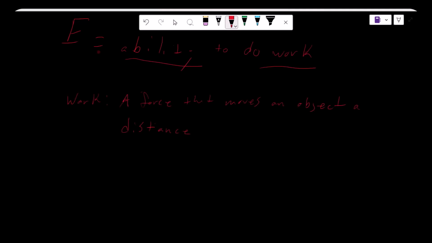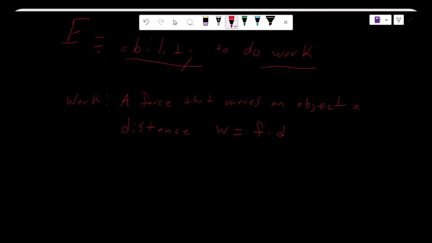We defined energy as the ability to do work, and we define work as a force that moves an object a distance, or we could use the equation W equals F times D, W being work, F being force, and D being distance.